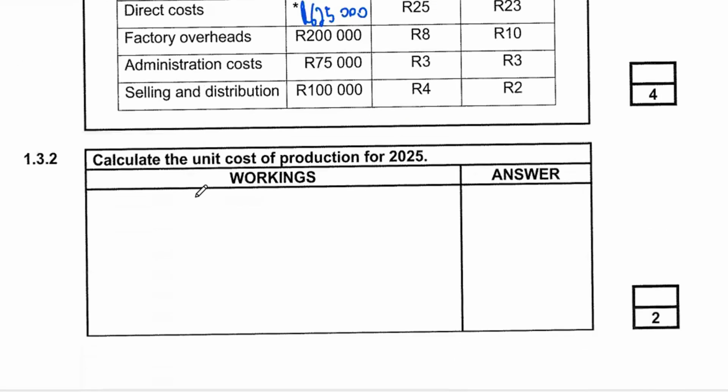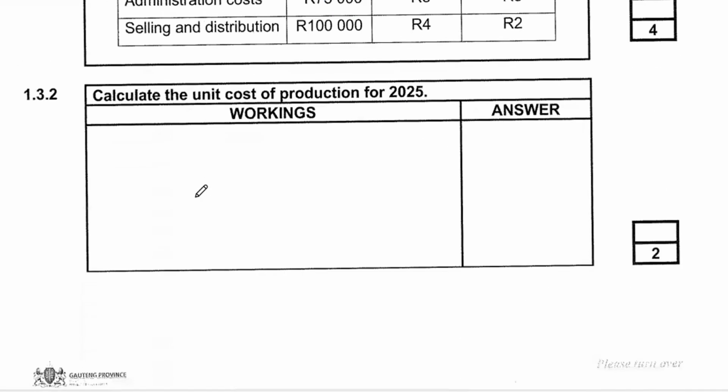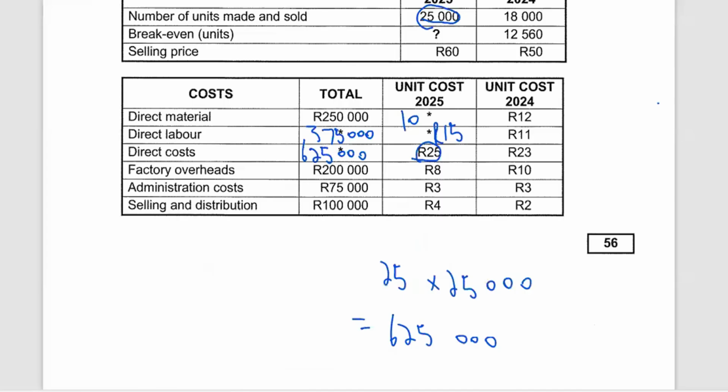So now we are done. 1.3.2, they say we should calculate the unit cost of production for 2025. So here we have 2024, we have 2025.